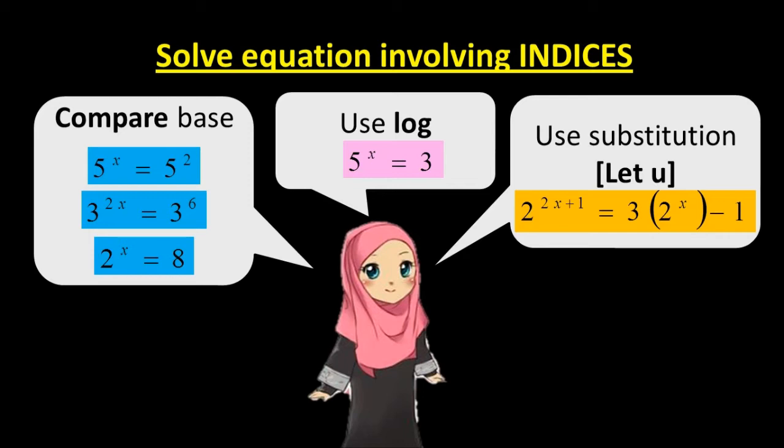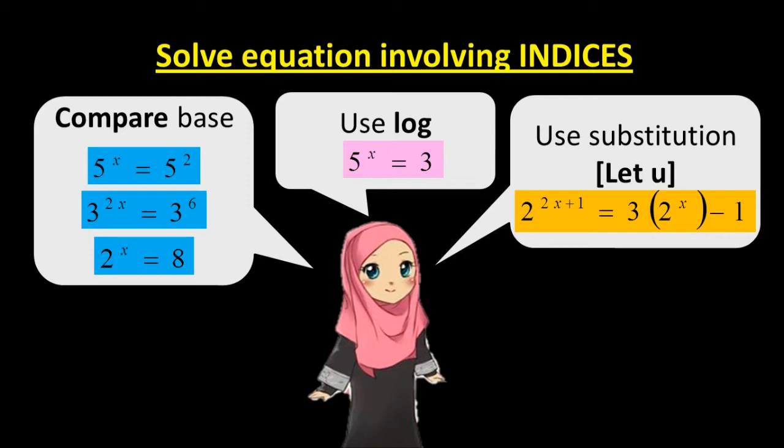For example, we have 2 to the power of 2x plus 1 equal to 3 in bracket 2 to the power of x minus 1. Okay, bila kita tengok belah kanan, kita ada 2 term. Ada tak cara untuk kita gabung 2 term tu jadi satu je term dan kita boleh compare base macam cara pertama? Okay, tak ada kan?